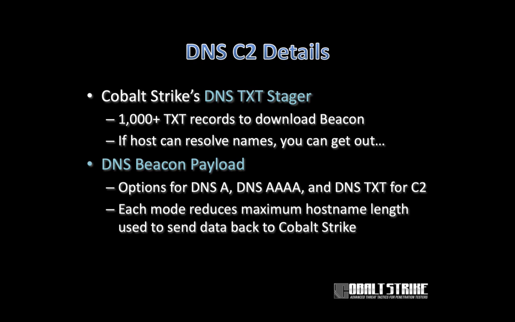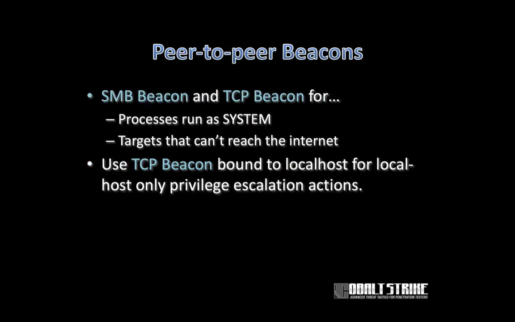DNS TXT will use 100% of the maximum hostname length, AAAA will use 50%, and the A record channel will use about 25%. The point of this downgrading of hostname length is to allow you to recover the agent if really long hostnames can't get out of the network, if that's something that's truncated automatically.